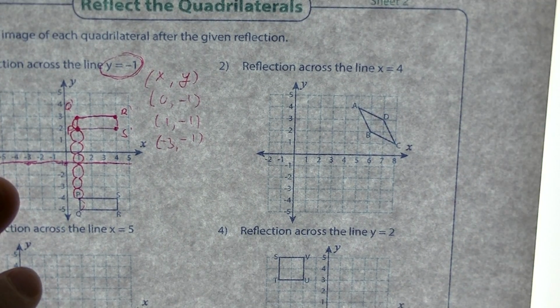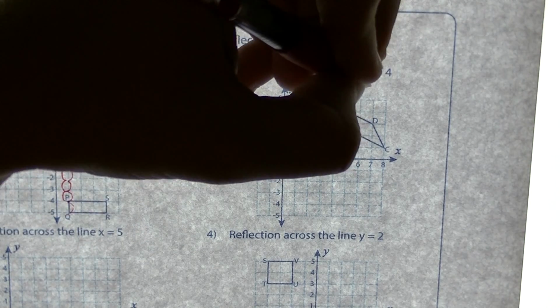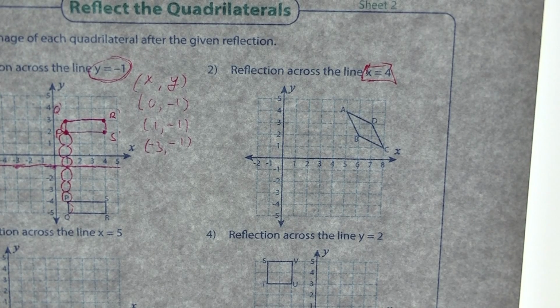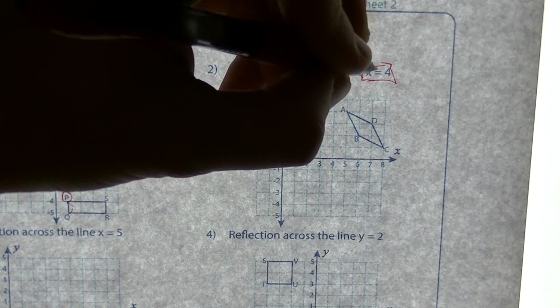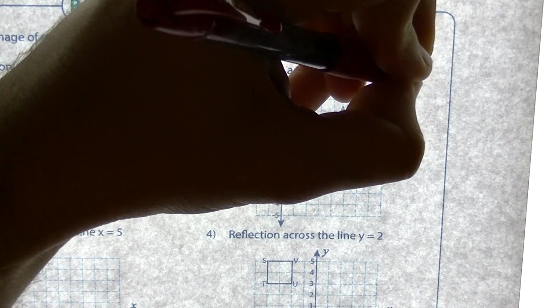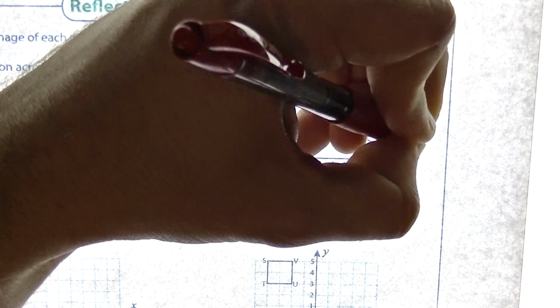So let's take a look at question number 2 here. I want to make a reflection across the line x equals 4. So in case you're not comfortable drawing these lines just by looking at the equation here, let's just plot out some points where my x-coordinate is always 4.